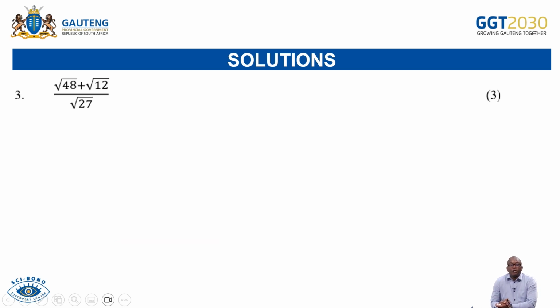Then we go to our third one, where now we are dealing with division of surds. Now, what is going to happen here? Remember they said without the use of a calculator. Then 48 is going to be what? 16 times 3.